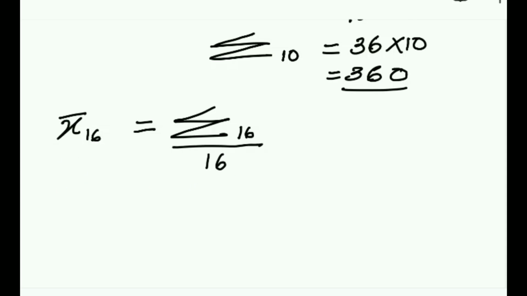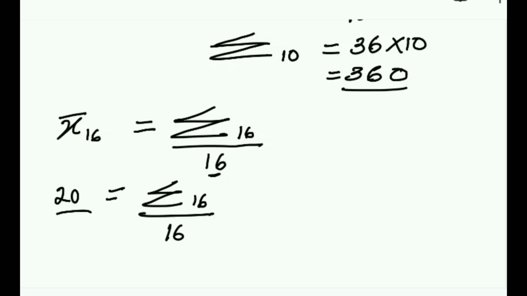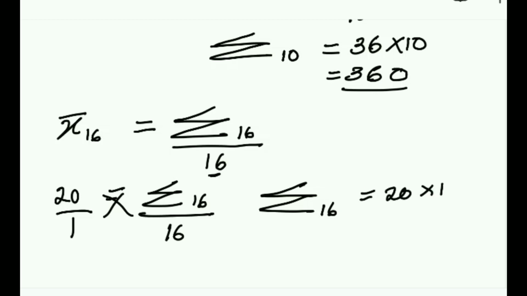The mean is 20, so 20 equals the summation of all the 16 divided by 16. Here 16 means the number, and the summation means you are adding all the 16 numbers together. So when you cross multiply this simple fraction, we would have the summation of the 16 equals 20 times 16, and this is going to give us 320.